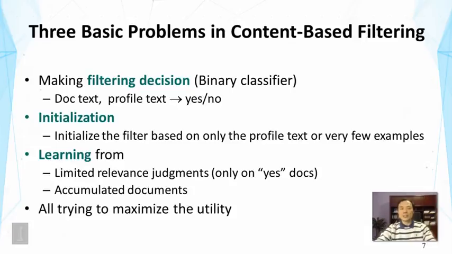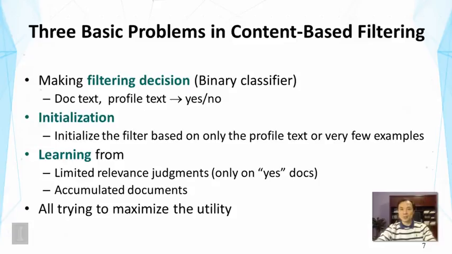And there should be an initialization module, as you have seen earlier. And this is to get the system started. We have to initialize the system based on only a very limited text description or very few examples from the user. And the third component is the learning module, which has to be able to learn from limited relevance judgments, because we can only learn from the user about their preferences on the delivered documents.